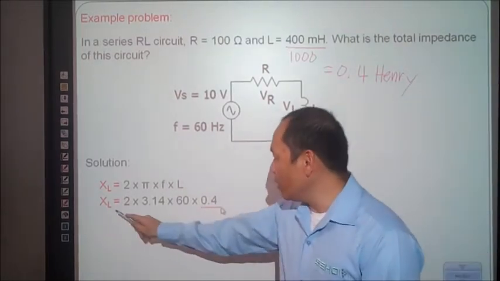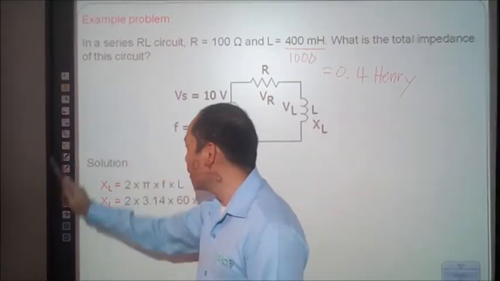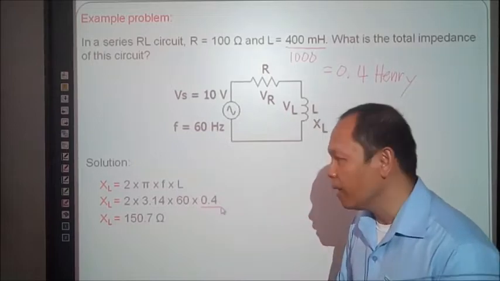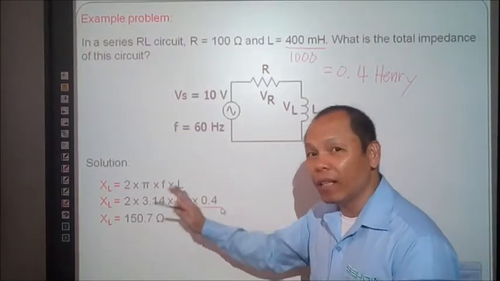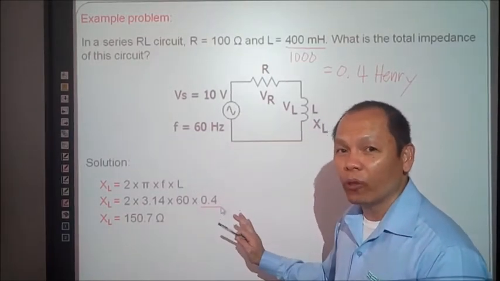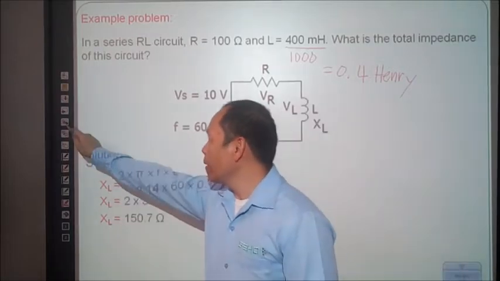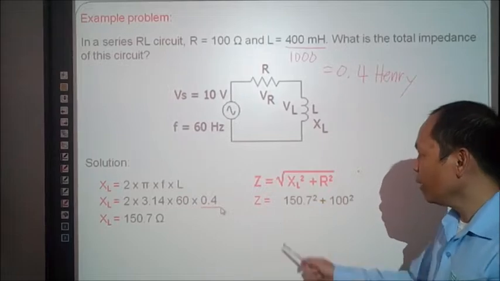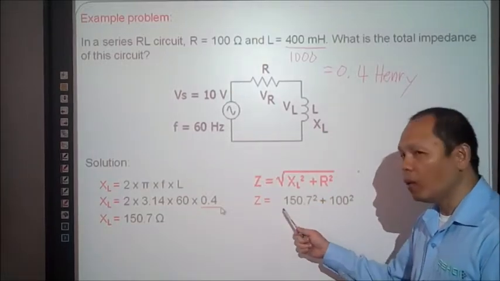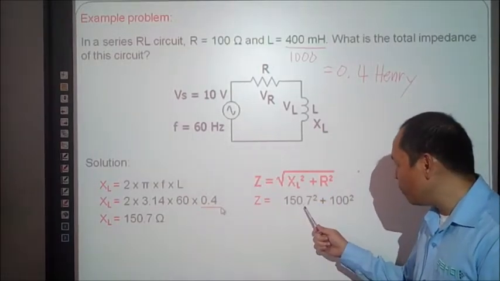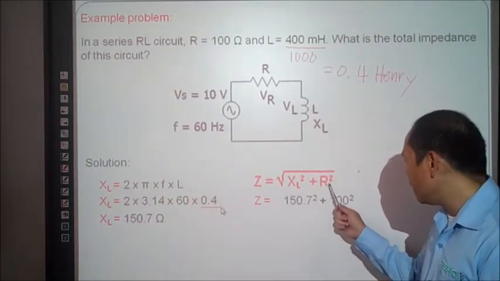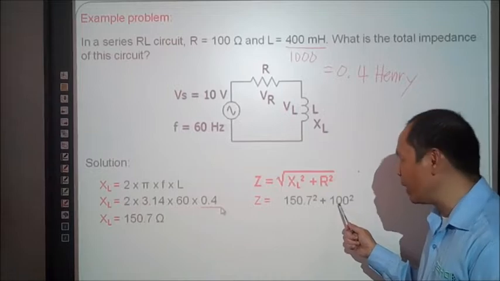Okay? So what is now the equivalent of XL? XL now will be equal to 150.7 ohms. Then after that, we can now solve for the impedance. So the impedance is Z equal to the square root of 150.7 squared plus R, 100 ohm, squared.